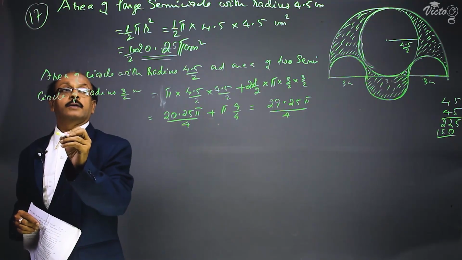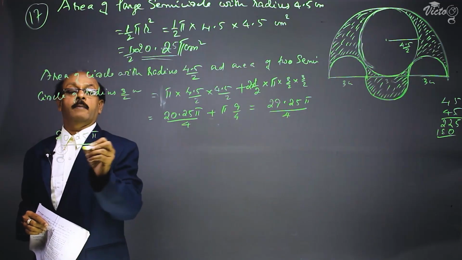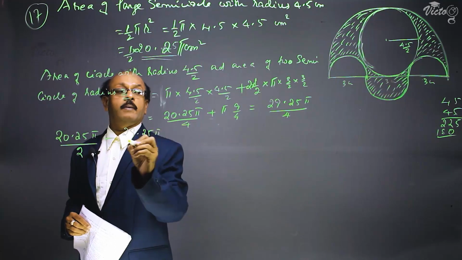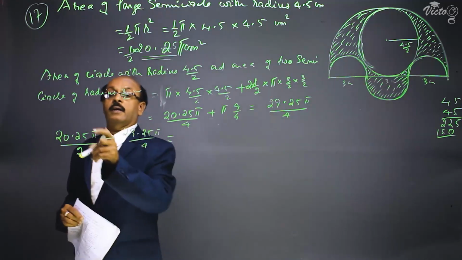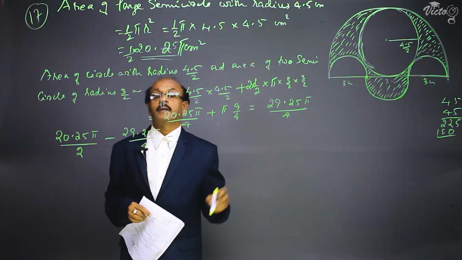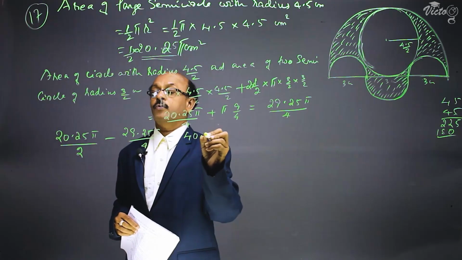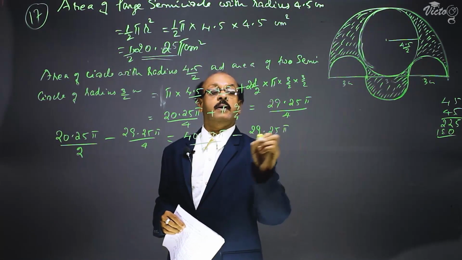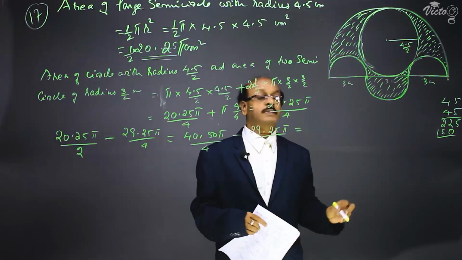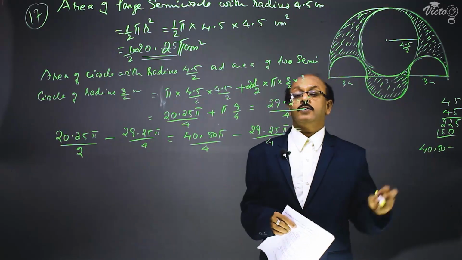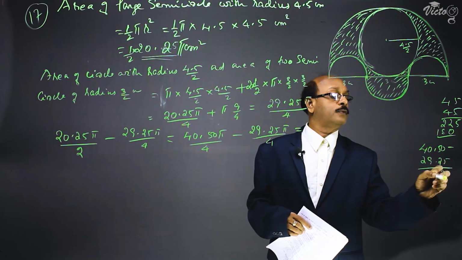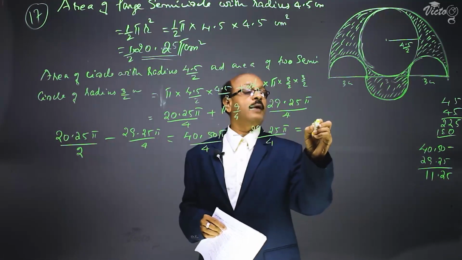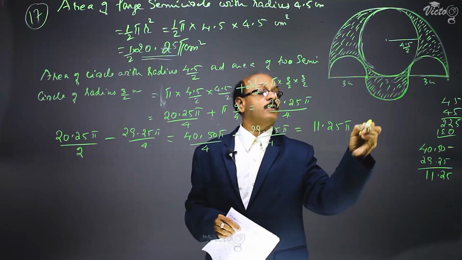Subtracting 20.25 pi by 2 minus 29.25 pi by 4, we can multiply here also by 2, both the numerator and denominator, then the denominators will be same. 40.50 pi by 4 minus 29.25 pi by 4, which is 40.50 minus 29.25, 11.25 pi centimeter square is the area.